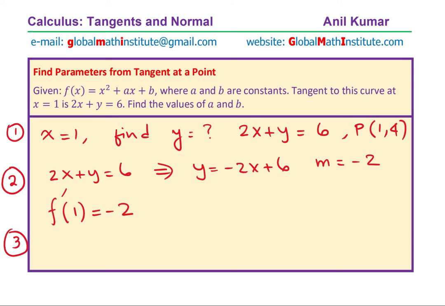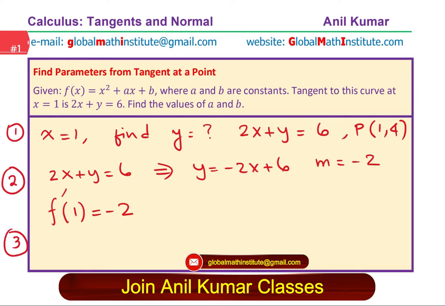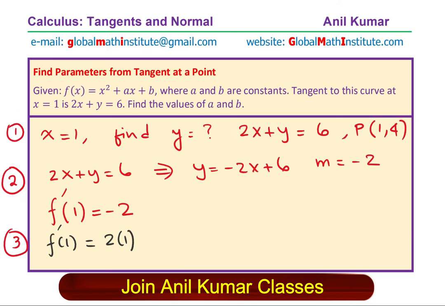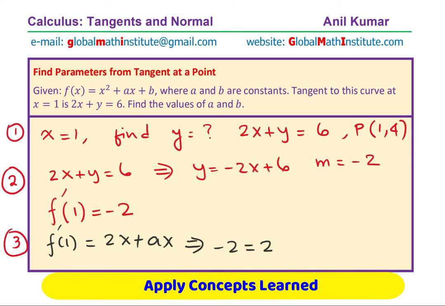So from these two conditions, you can always find the missing numbers a and b. The derivative for this particular function will be 2x plus a. So substitute 1 for x, and that will give you minus 2 equals 2 times 1 plus a, and that gives you the value of a as minus 4.